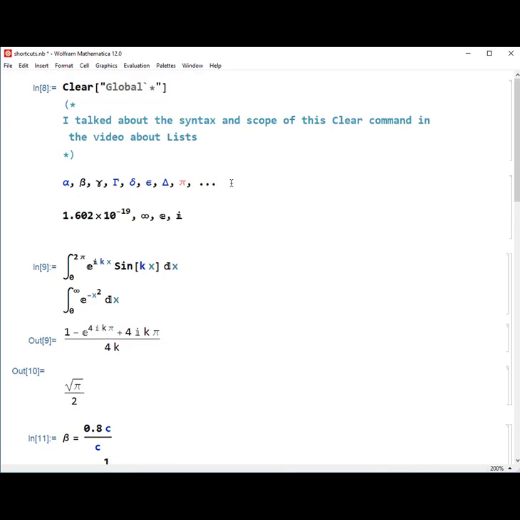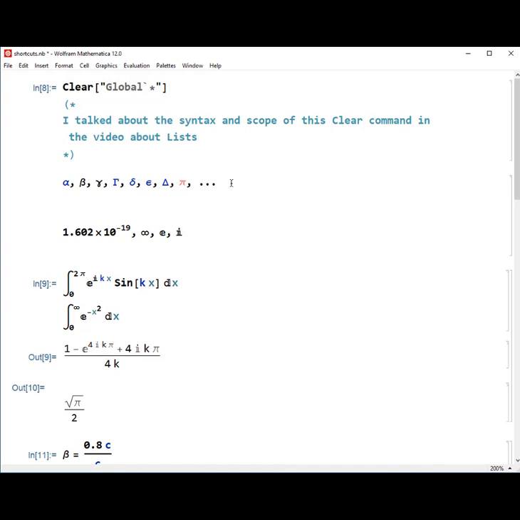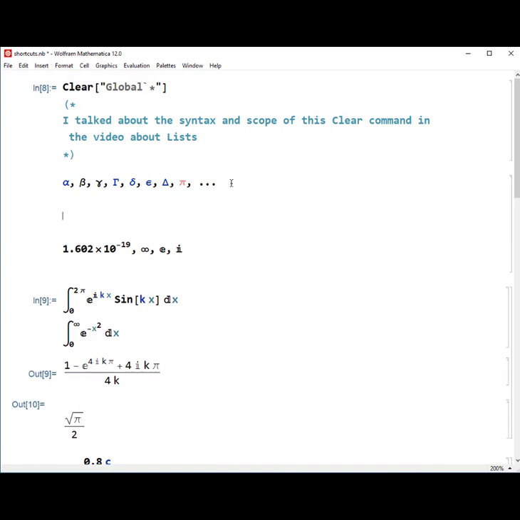So if I want to enter a Greek letter, what I'm going to do is hit an escape key. You see that once I hit the escape key, I get those 3 vertical dots. That shows me that it's waiting for some more input. In order to enter the Greek letter alpha, I'm going to type an A, and then I'm going to hit the escape key again, and you see that I've gotten the Greek letter alpha.